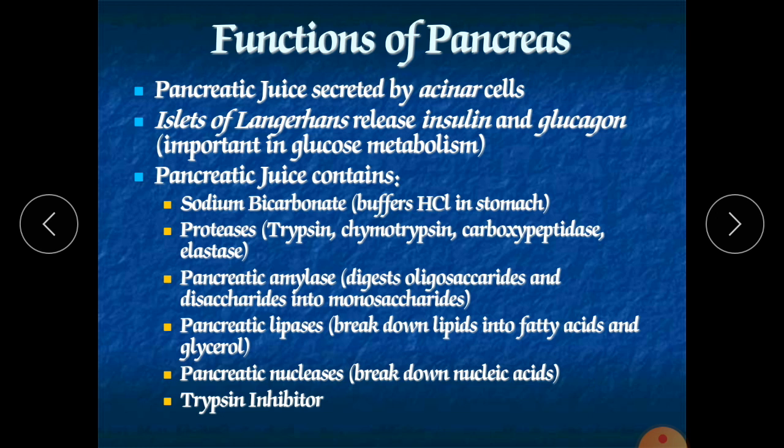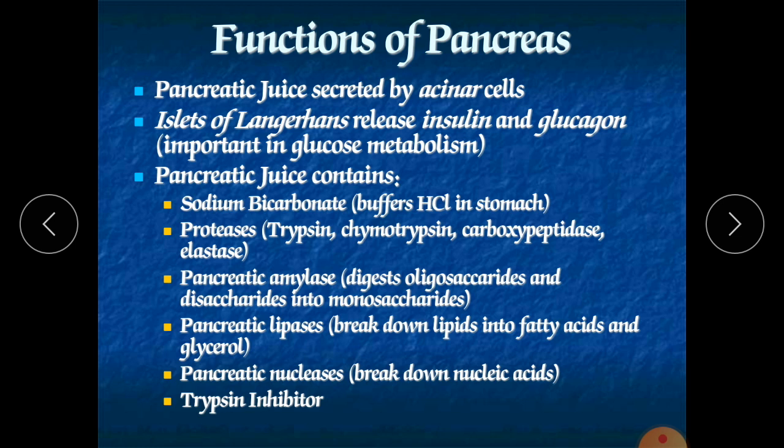These bicarbonates also decrease the activity of pepsin, which has already been secreted from the stomach into the chyme. So it controls the acidic pH and it gets converted into alkaline. Now the various secretions of our pancreas are responsible for the proper digestion of the food.